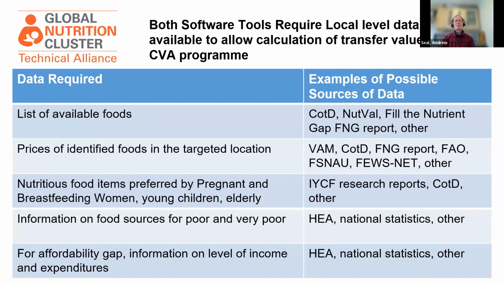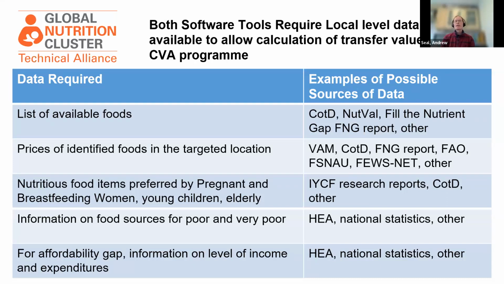An important point is that both of these tools require additional information if we're going to use them to calculate the transfer value for a CVA program. While they both have databases, we may not necessarily know which food items are available locally and which are available locally in a particular season.